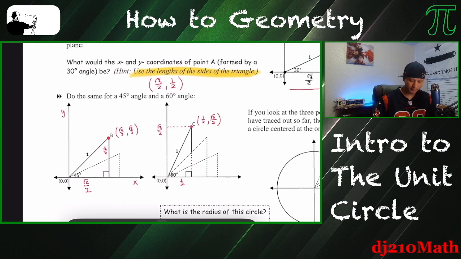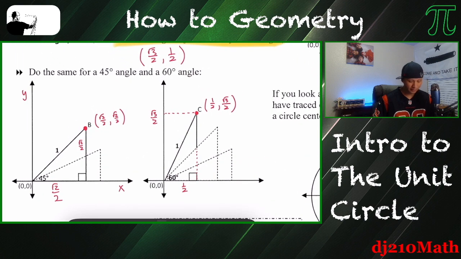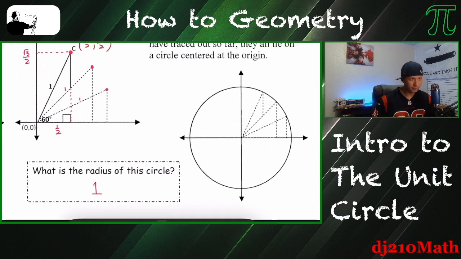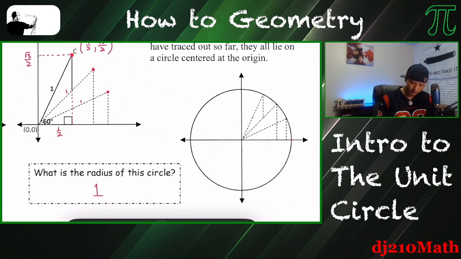All right, why is this significant? Because notice in every scenario, the hypotenuse is 1. And it creates a circle that has radius 1. So this point right here would be 1, 0.